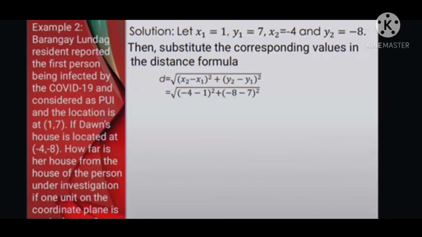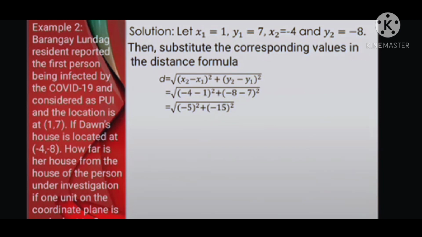So we now have the square root of (negative 4 minus 1) squared plus (negative 8 minus 7) squared. Simplify, we have negative 4 minus 1 is negative 5, so we have negative 5 squared plus negative 8 minus 7 is negative 15.